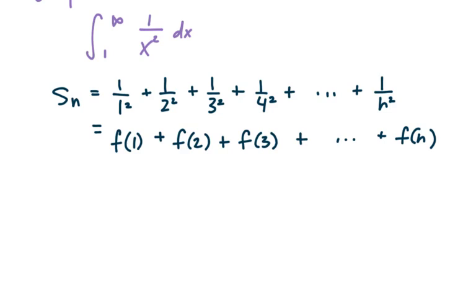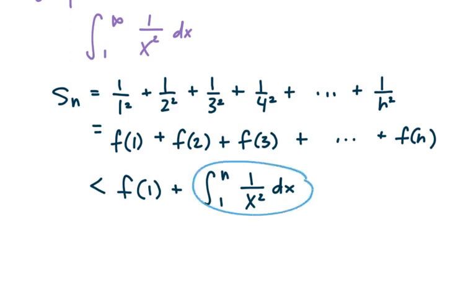And so this sum that I have here is going to be smaller than if I said, all right, well, let's have f of 1 plus that integral from 1 to n of 1 over x squared dx, right? Because this right here is essentially what we are doing there.